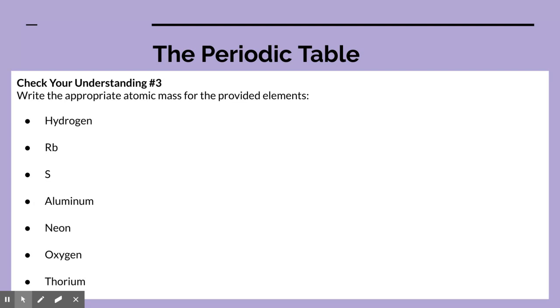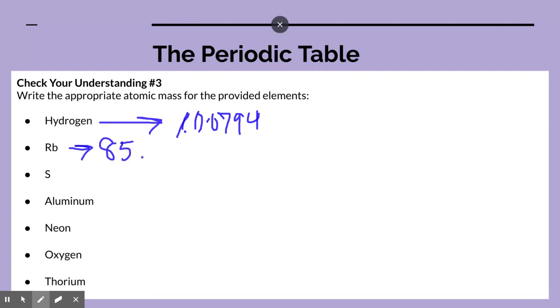Okay, so hydrogen has an atomic mass of 1.00794. Rubidium has 85.4678. Sulfur, I lost it.